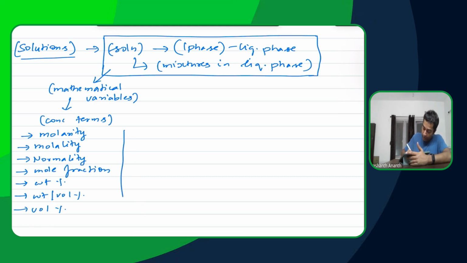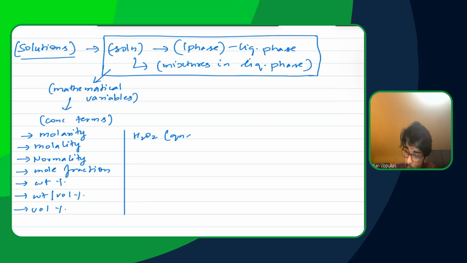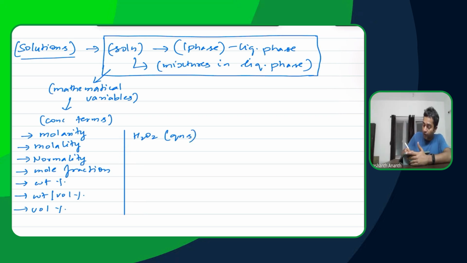When I say weird ones over here, you can have questions involving hydrogen peroxide. In those questions for hydrogen peroxide, they might give you concentration from the point of view of volume strength. And then the rest of the question is going to be depending on the volume strength being converted into molarity and then solving.